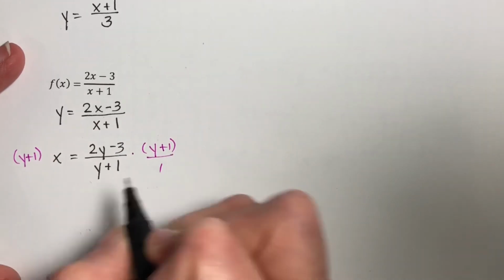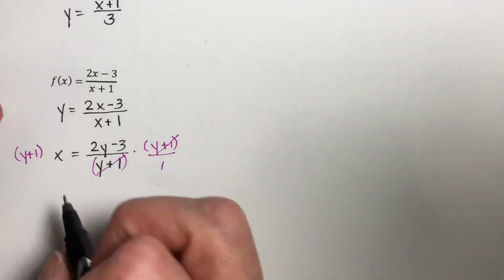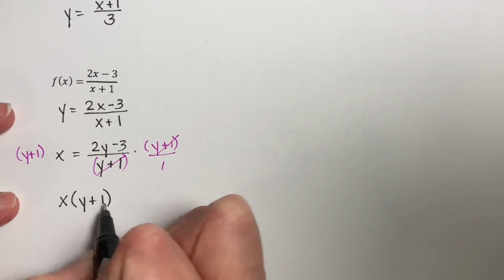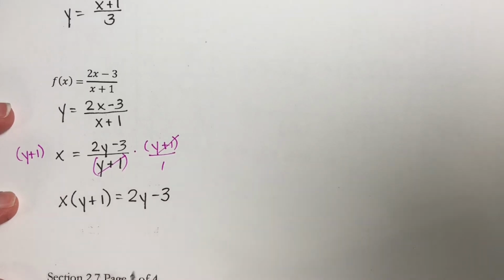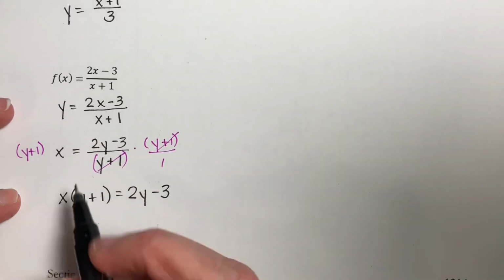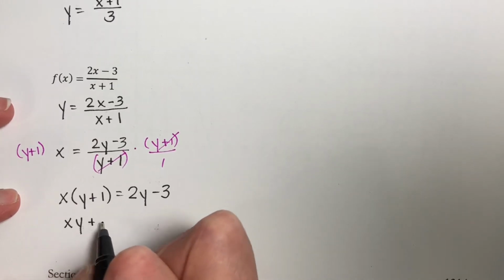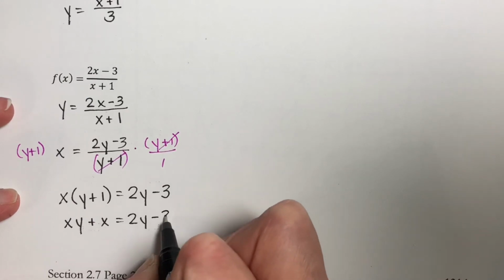Now this is over 1 over here. This whole thing cancels out. So what I have right here is x times (y plus 1) is equal to 2y minus 3. Let's distribute the x. xy plus x is equal to 2y minus 3.